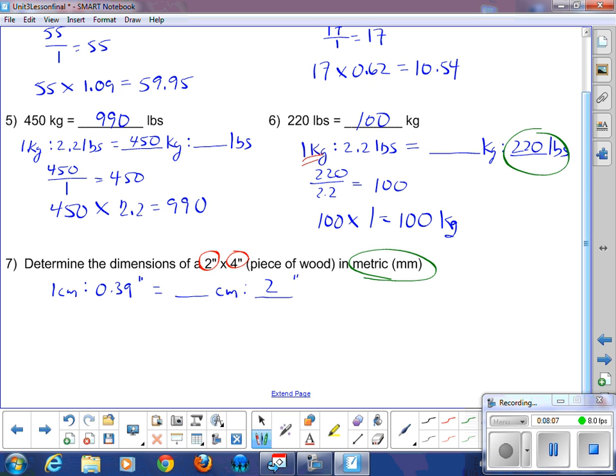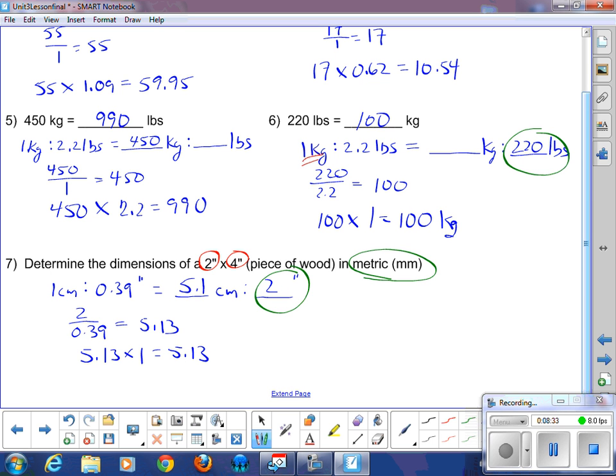So take the number that's by itself. So we take the 2 inches, we divide it by its partner, the 0.39. So 2 divided by the 0.39, and we get 5.13. Take that answer, multiply it by the number that wasn't used, it's still 5.13.